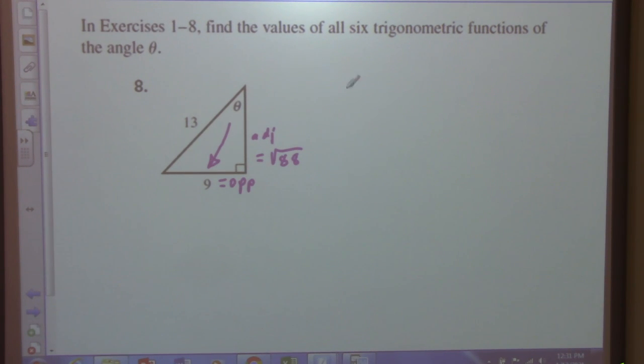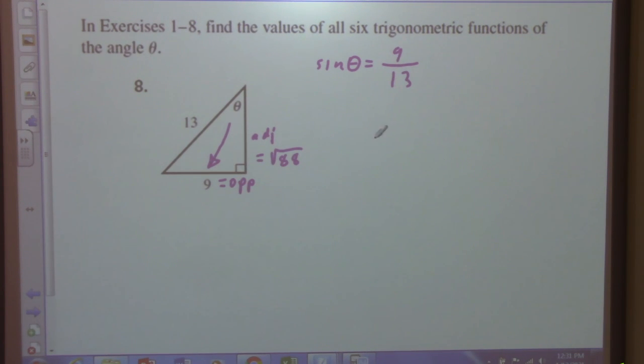Sine theta equals square root of 88 over 13. I didn't get that. Over 18? Or 13. Wait, what? The sine will be the opposite over hypotenuse. I got 9/13 is what I got.